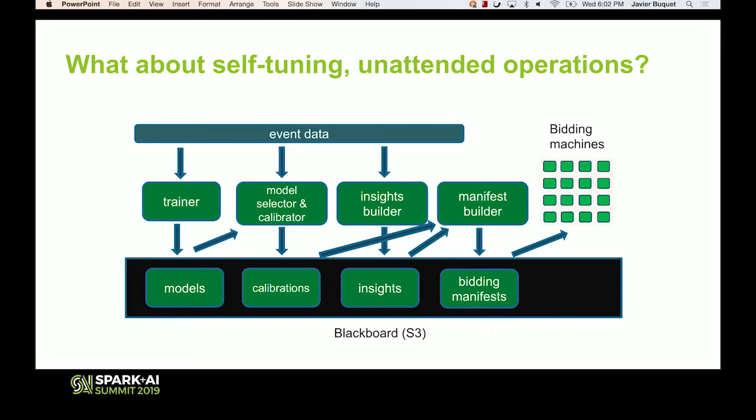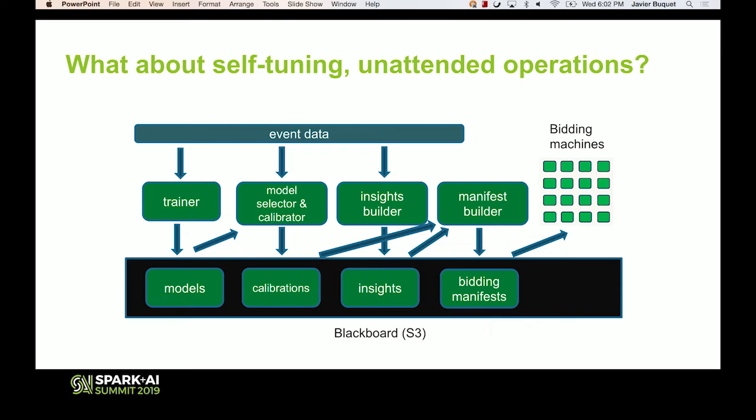In a nutshell, we have event data as input. The trainer builds models on top of this data. It creates those models and stores them in the blackboard. Then we have a model selector and calibrator that will actually calibrate these models and store those calibrations back in the blackboard.